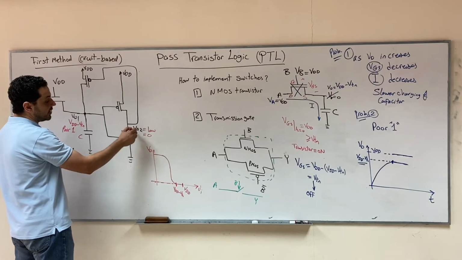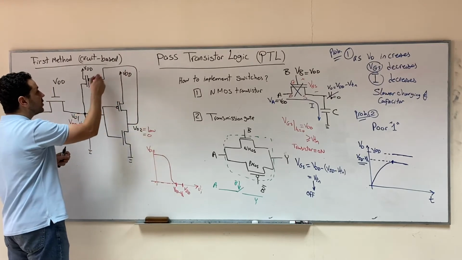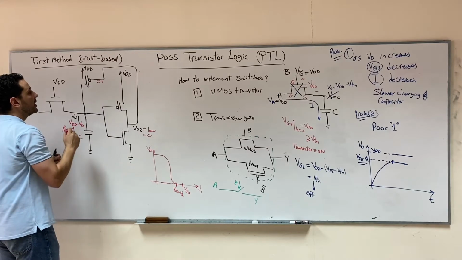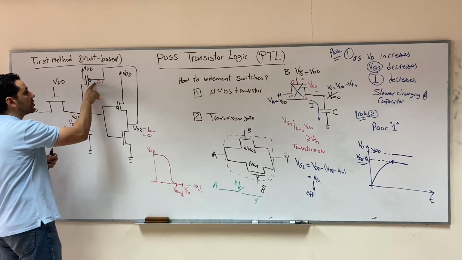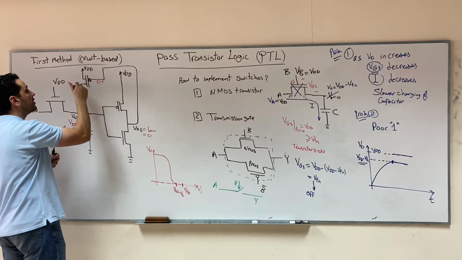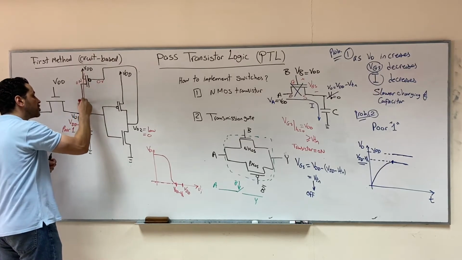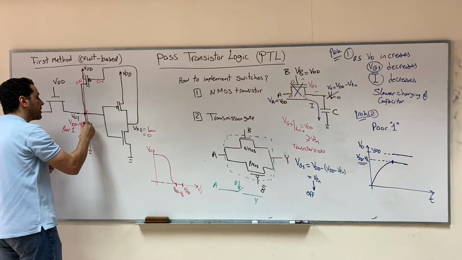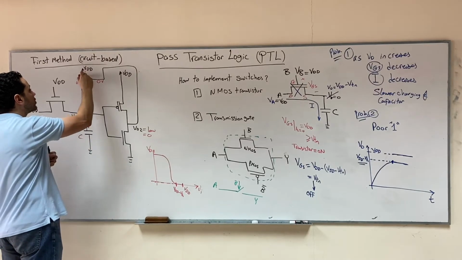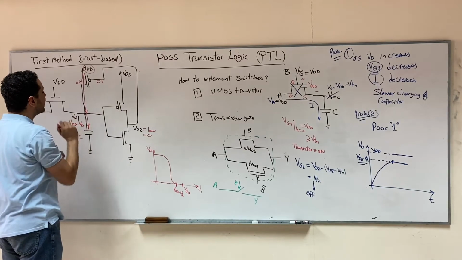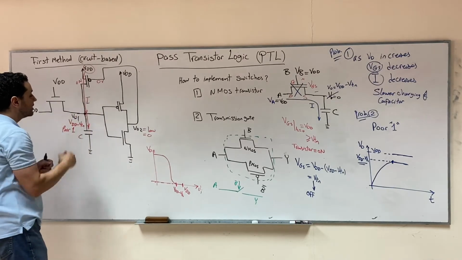So when the output of the CMOS inverter is 0, it goes to the PMOS transistor, and if its input is 0, then it will be on, and when it is on, it will charge the capacitor. It will allow current to pass from this supply to keep charging the capacitor until the capacitor reaches VDD.